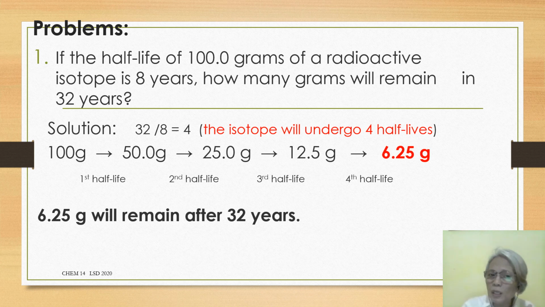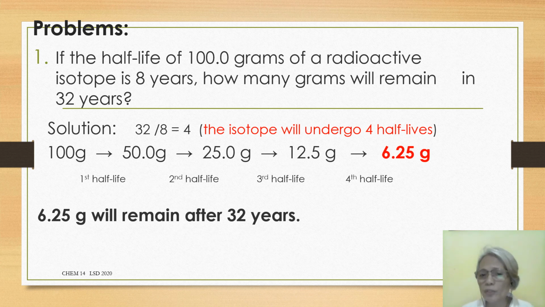So we shall provide a diagram showing the 4 half-lives of the radioactive isotope. We start with 100 grams. After its first half-life, the 100 grams will be reduced to 50 grams. Another half-life, the 50 grams will be reduced to half, so it will now be 25 grams.